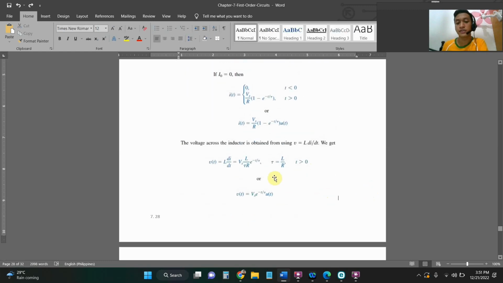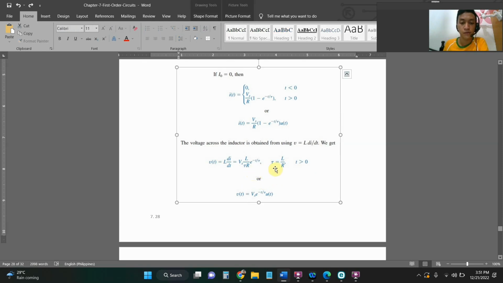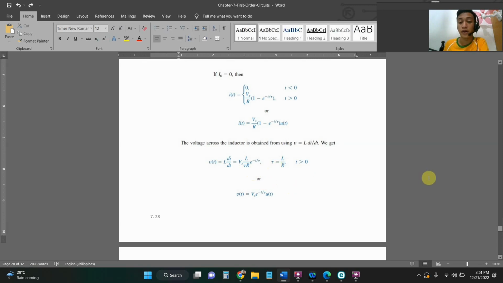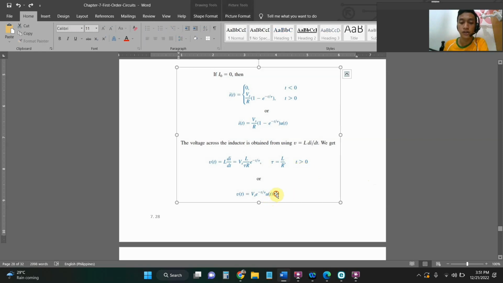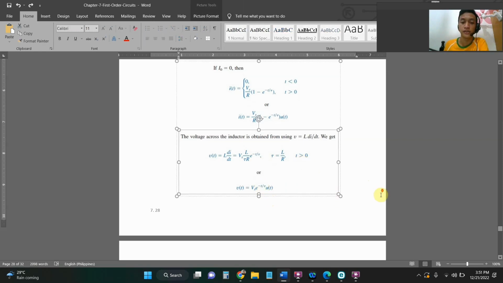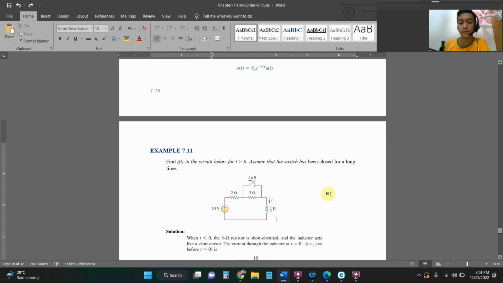The voltage across the inductor is obtained using v equals L di/dt. And tau again is L over R. If time is greater than 0, we're using this formula. So let's have an example.